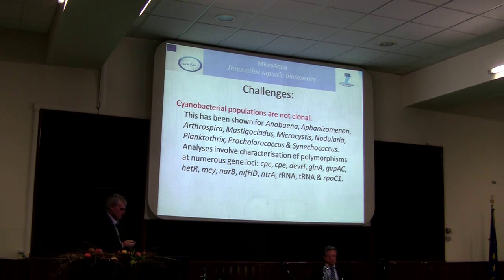So there's enormous genetic variation within the populations, and the genetic makeup of the population varies in both space and with time. So it's not a constant makeup within the water column, it's changing.